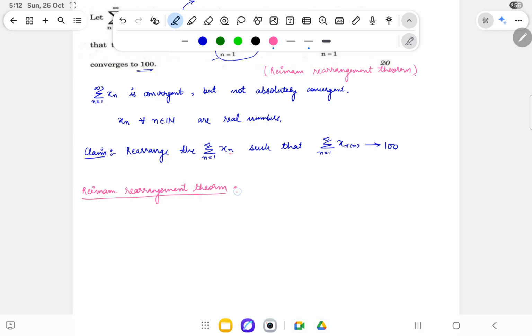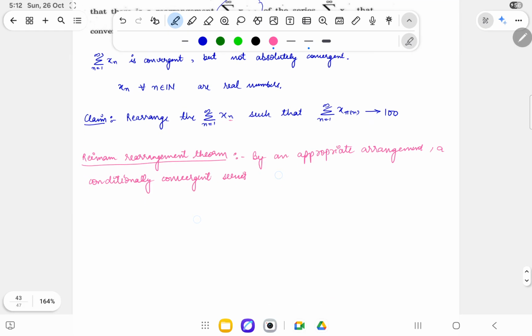So this states that by an appropriate arrangement, a conditionally convergent series, that is, let's say summation un, or let's take it as summation xn only, because in the equation they have given us xn.